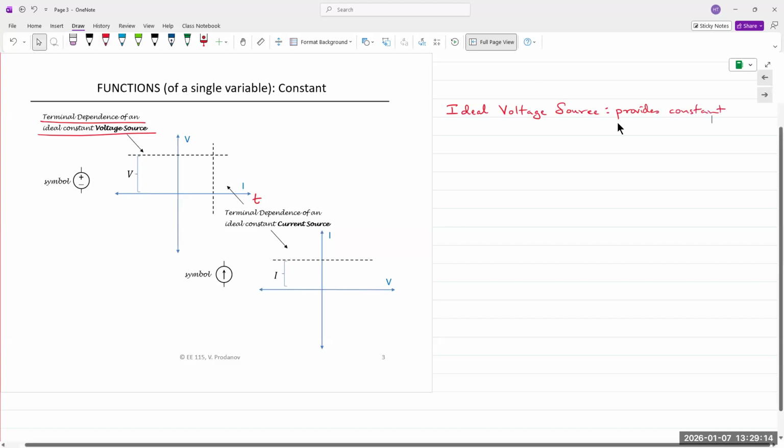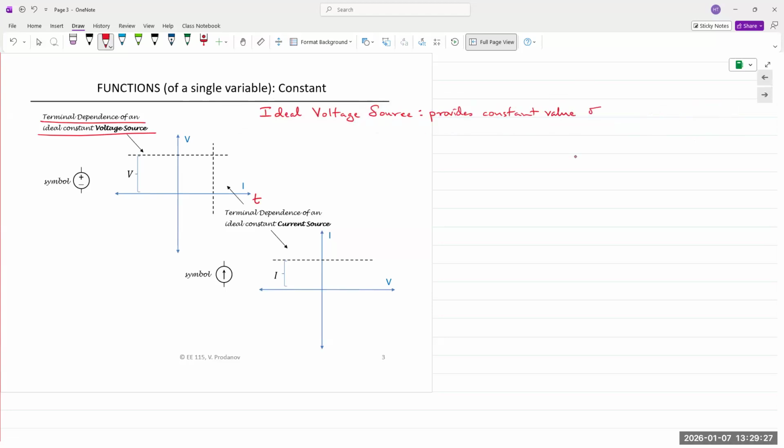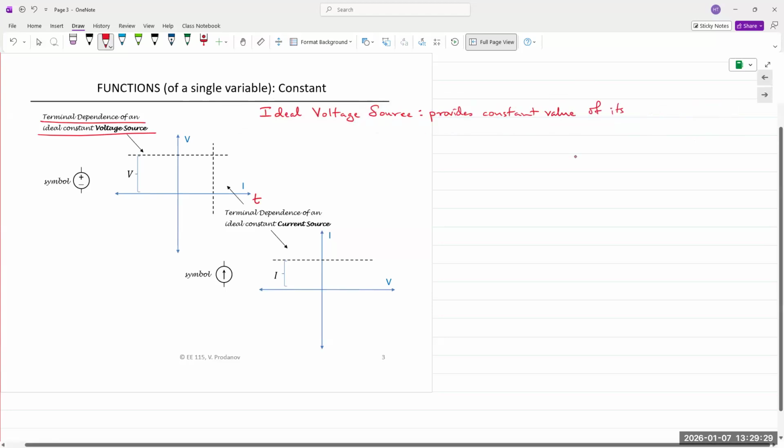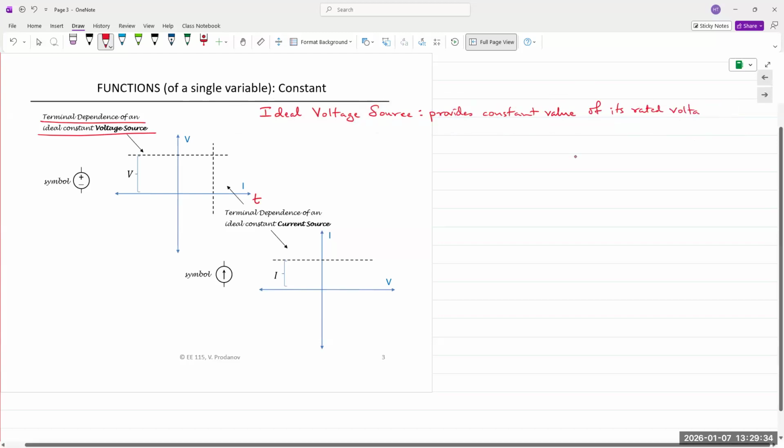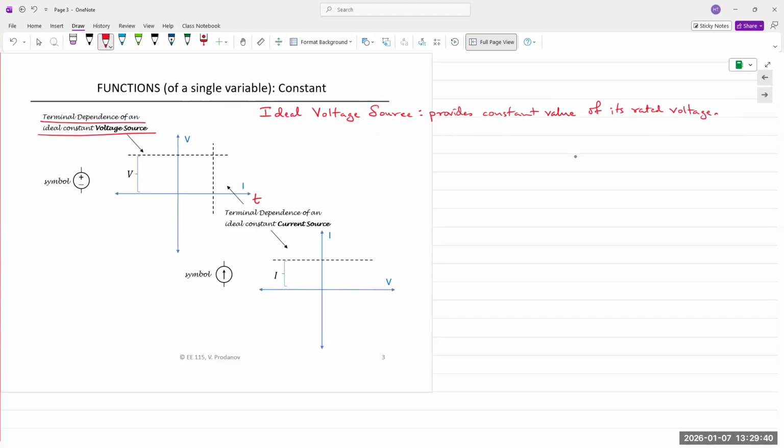And when that happens, in electrical engineering, we also call that a DC source if you plot it against time.